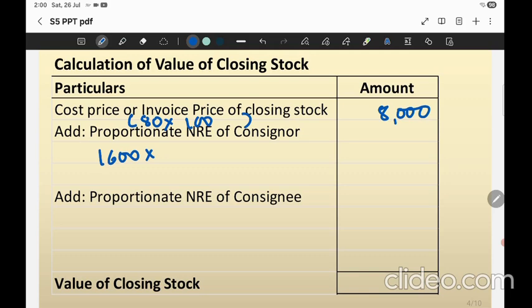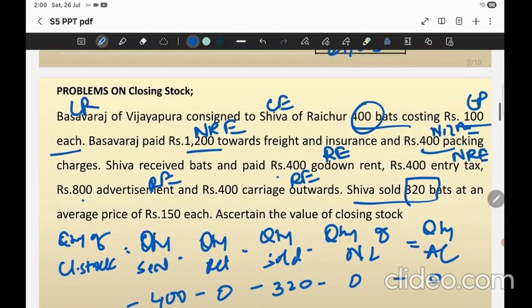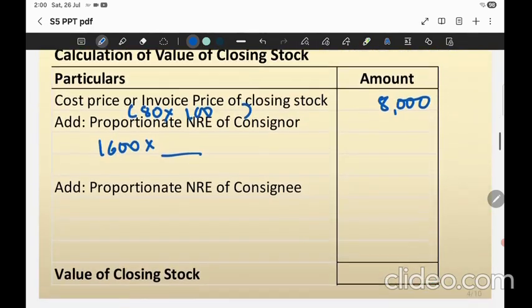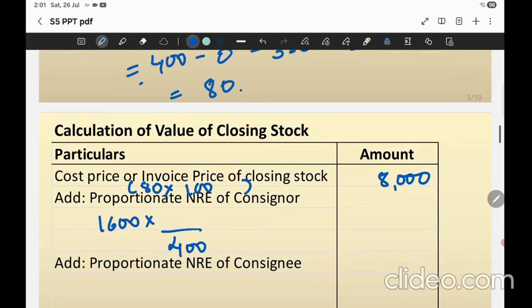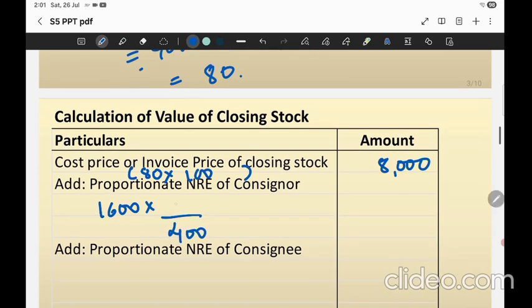1600 into total stock. How much it is? 400. Out of which, how many units are remaining in the stock? 80.